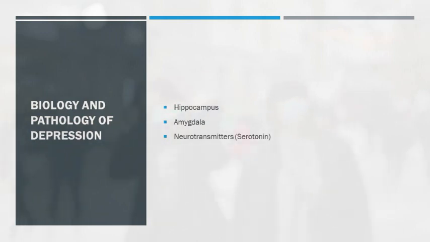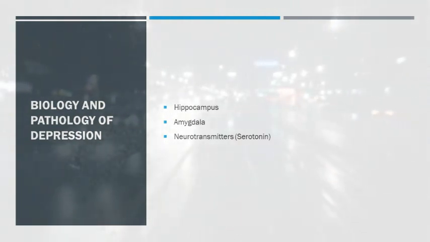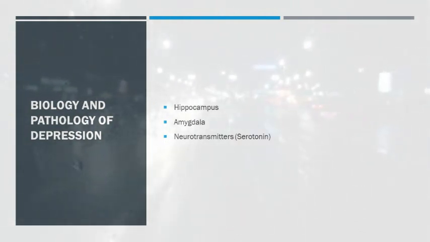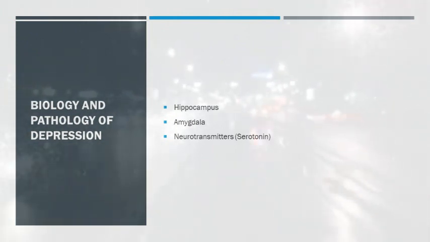And so serotonin can be a limiting factor there as well. And so reduced serotonin levels are associated with depressive symptoms. So that's why medications like selective serotonin reuptake inhibitors, SSRIs, help to alleviate the balance.